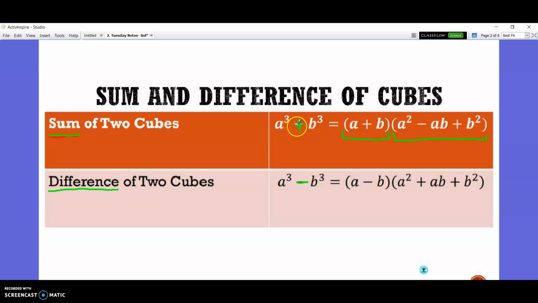I'll show you a quick way to remember the signs for these. So for the sum, the binomial has the same sign. So this and this sign are the same. And then same thing for the difference. If you look at the difference, the next sign is the same, so same sign.